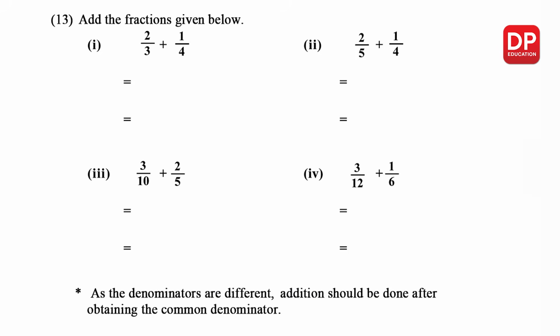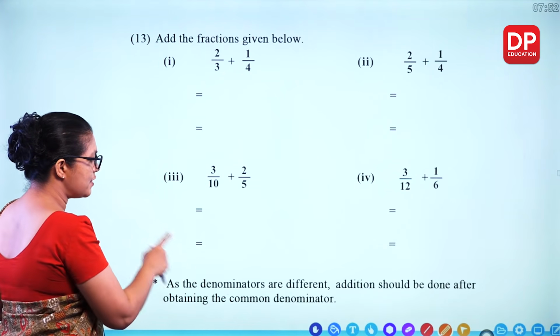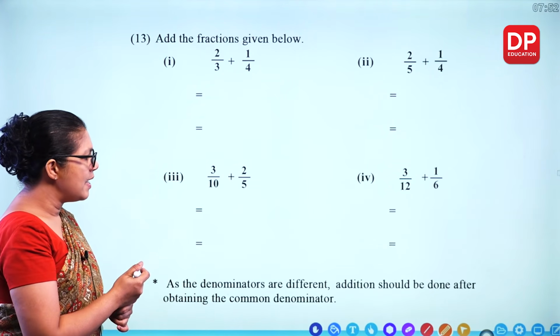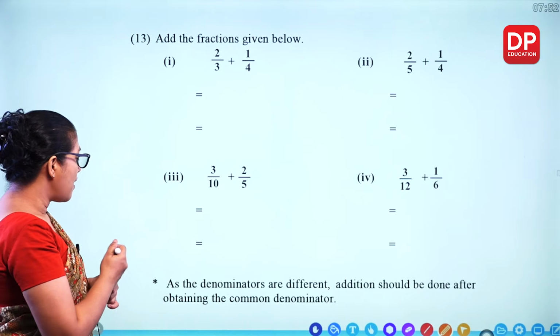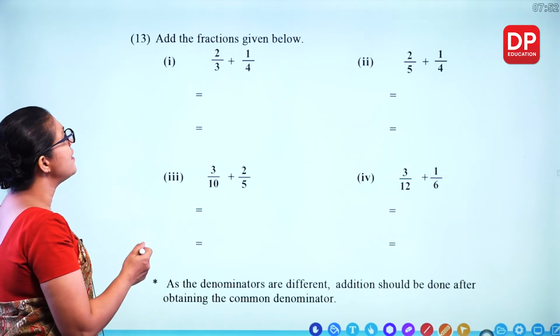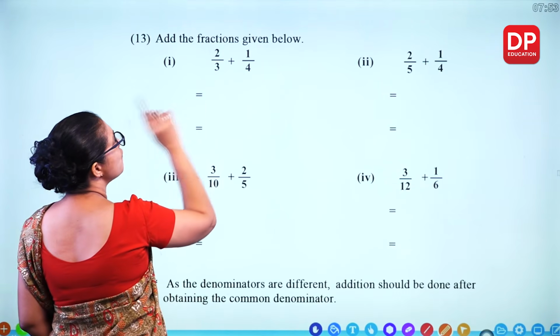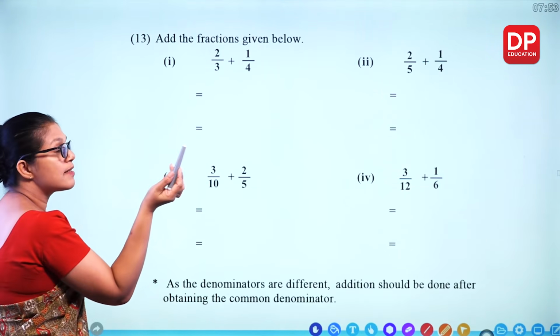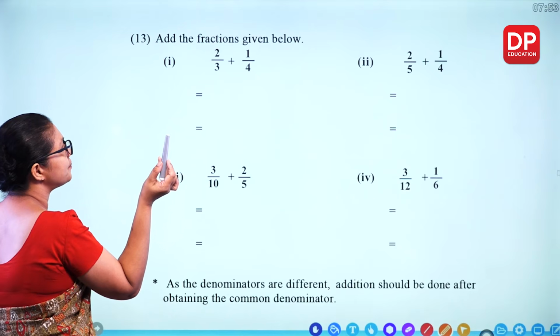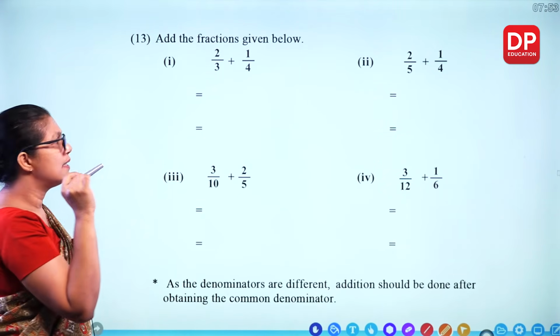Add the fractions given below. Now what happens? Denominators are not the same. So what do you do when the denominators are not the same? Addition should be done after obtaining the common denominator. So you have to find the common denominator, the lowest common multiple. 3 and 4. What's the lowest common multiple? Can you remember how to get it?